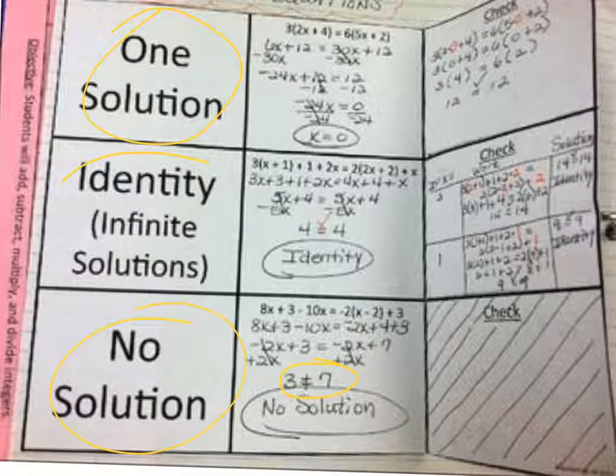And then there is another term that we haven't talked about, which is called identity, which means there's an infinite number of solutions. And you can see over here in this work, there's multiple ones that you could come up with and that would check out. So we're going to look at some of them.